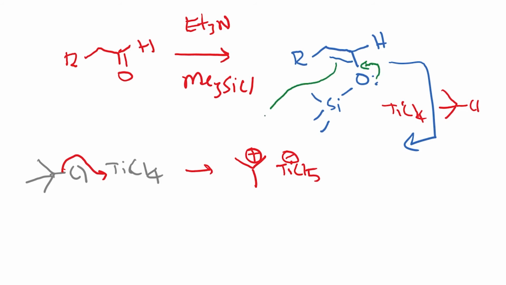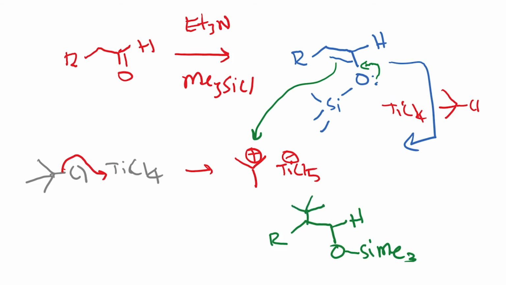Okay, so this carbocation is now well set to react with the silyl enol ether, and presumably the reaction goes with this kind of a mechanism, and you end up with a product which is going to look like this. And the rest of the mechanism is pretty much identical to what we have studied in the past. So you end up with a double bond and positive charge, and then chloride ion, which is being produced here, will attack and give you back the aldehyde.